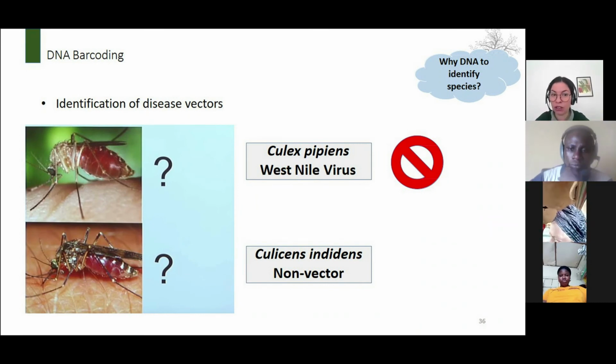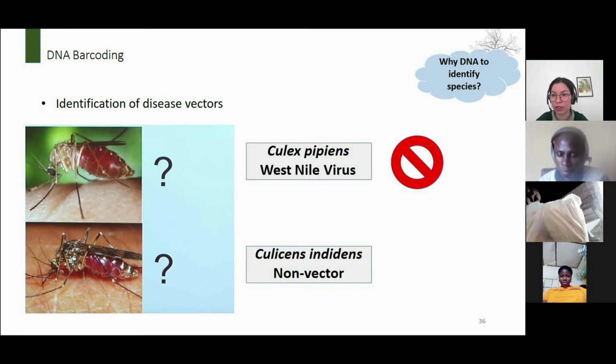But not all of them are vectors of diseases. So when you use this DNA barcoding, you can identify the species, and you can also decide which are the right decisions for the management and to avoid some specific disease, so how to fight those.